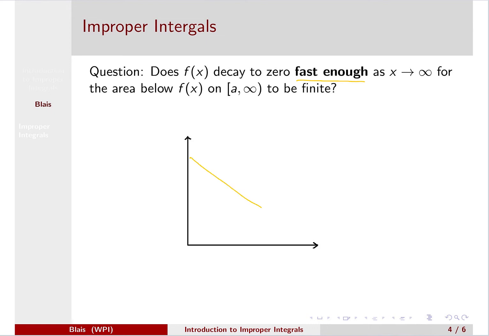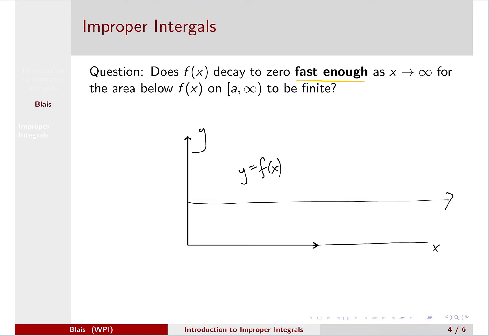So again, let's draw our curve. Number one, it's necessary for this graph to race to 0. If it doesn't, imagine a situation where the graph looks something like this. Say it was constant.